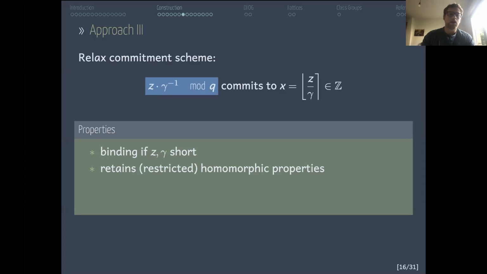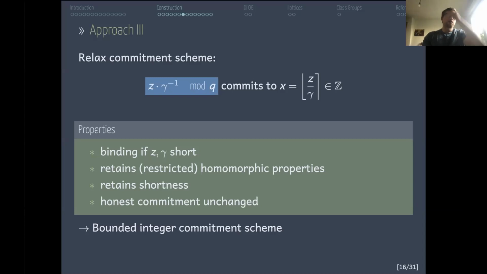It's a bit hard to go into detail now. But essentially all that is important is that it has enough homomorphic properties to make the range proof work. Also, it retains shortness, which I've already shown as well. And importantly, honest commitments remain unchanged. For an honest commitment, gamma will be equal to 1, and then this is just a commitment to x mod q.